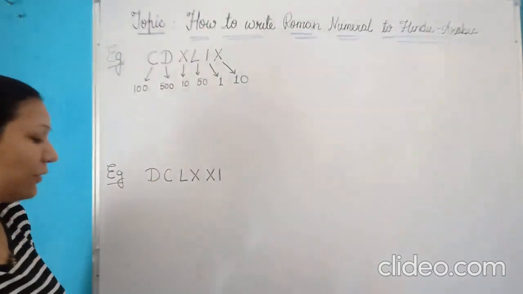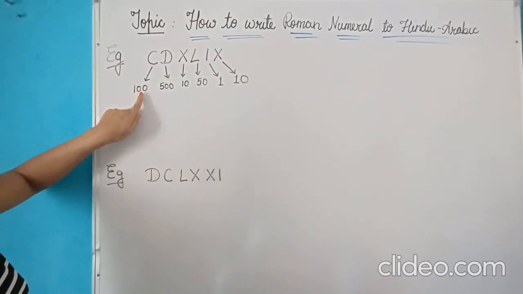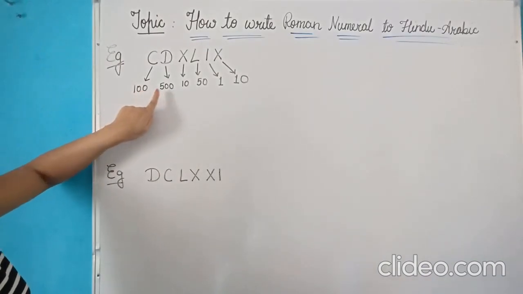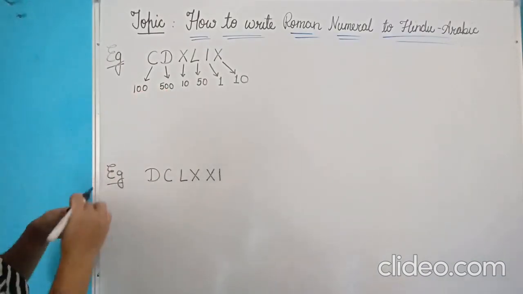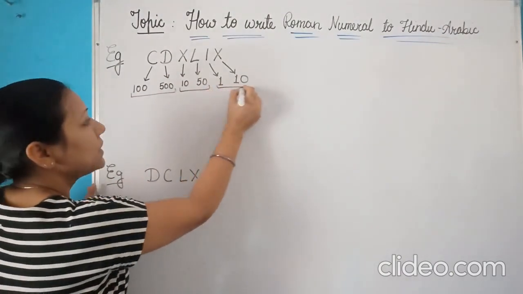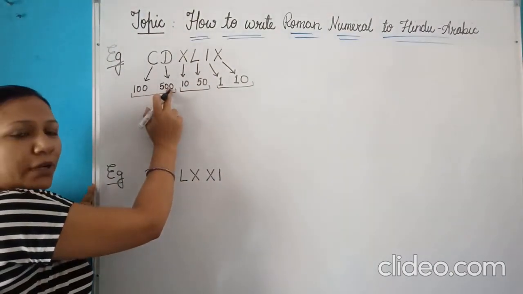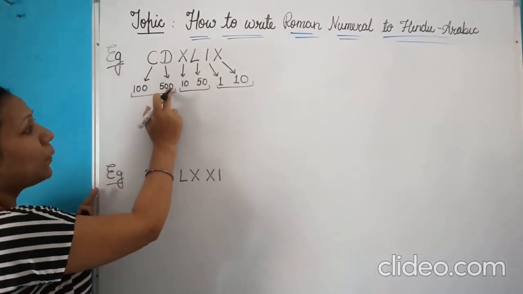So very first we have discussed their values, and as we can see there is a small value preceding the bigger one. Everywhere in all these pairs, you will see that there is a smaller value succeeding the bigger one.